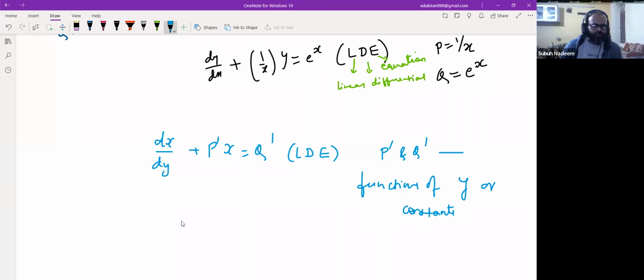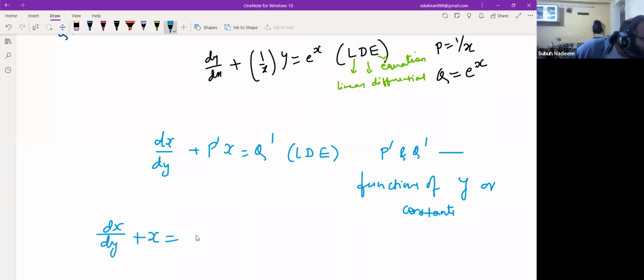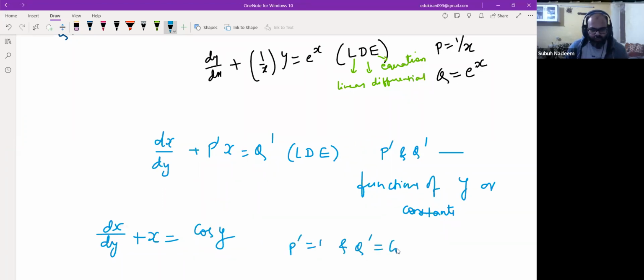So, for example, you can have dx by dy plus x is equal to cos y. So P' is equal to 1 and Q' is equal to cos y.